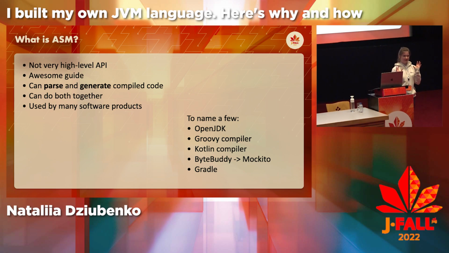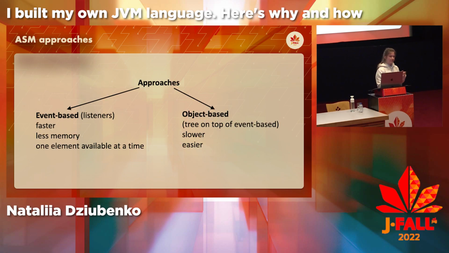ByteBuddy is a tool built on top of ASM, which can provide you a nicer API if you don't want to worry about these internals of the JVM. ByteBuddy is used in Mockito, for example. There are also 2 approaches you can use with ASM. I will only be talking about generating the bytecode, as I was not interested in parsing classes. Similar to ANTLR, there are listeners and visitors.